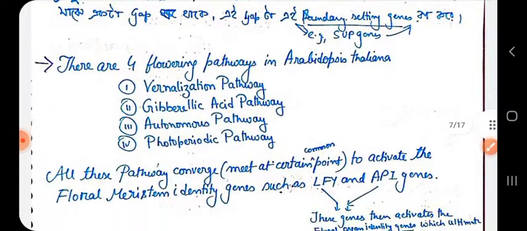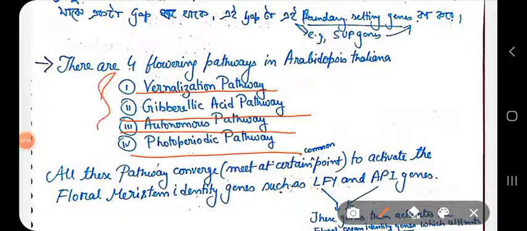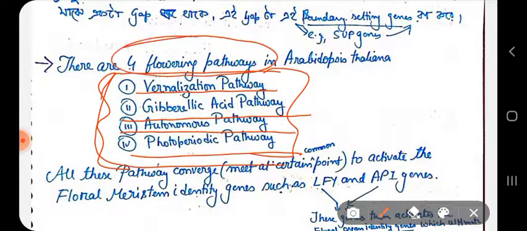There are almost four pathways found in the Arabidopsis thaliana plant. We have studied the model organism here, I am repeatedly saying, and these are commonly found in all plants: the vernalization pathway, the gibberellic acid pathway, the autonomous pathway, and the photoperiodic pathway. So these four pathways are controlling the flowering development.